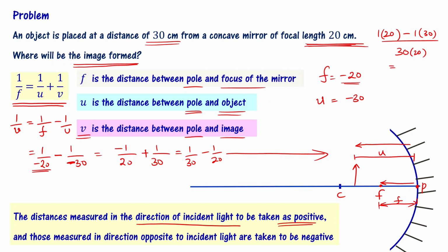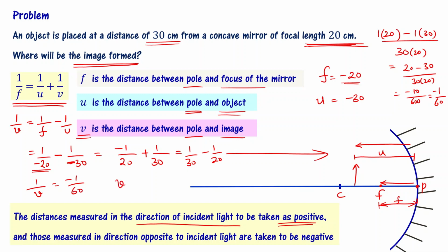This can be written as 20 minus 30 divided by 30 into 20, right? This I can write further as -10 divided by 600. This can be written as -1/60.